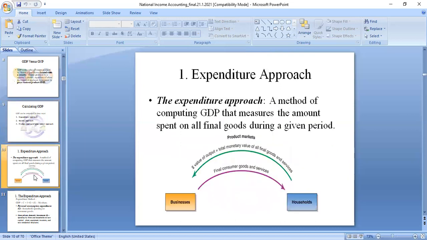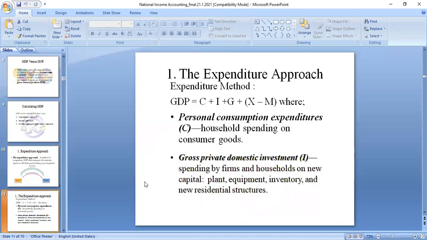So let's look at the expenditure approach, right? The expenditure approach basically measures the amount of all final goods during a given period. And within this expenditure approach, it is looking at consumption, investment, government expenditure, and then net exports. So with the expenditure approach, GDP will be given by C plus I plus G plus X minus M, right?